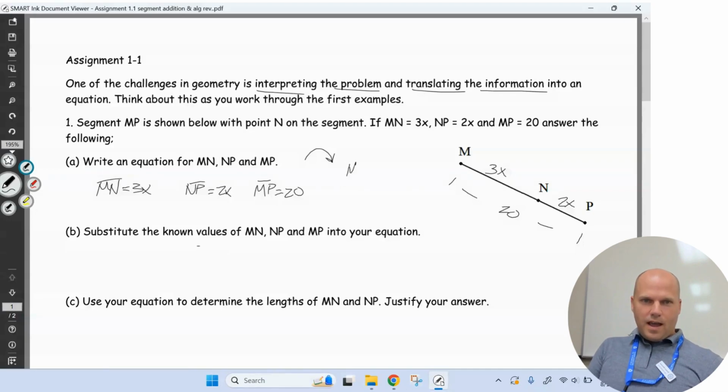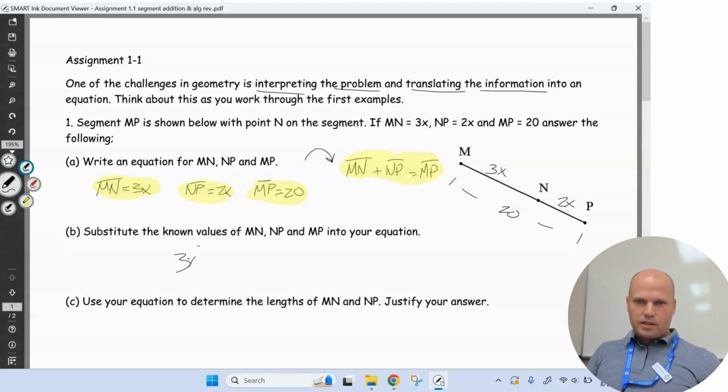We want MN plus NP equal to MP. That is what we are looking for here, as well as these three things here. And then for part B, what we want you to do is substitute MN equals 3x, NP equals 2x, MP equals 20. And from there, we can use our equation to solve.